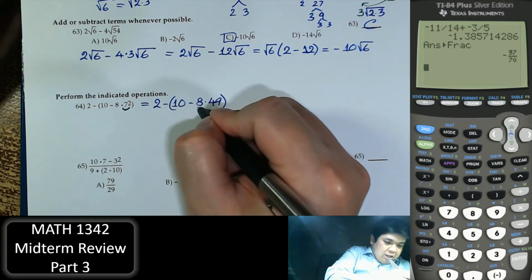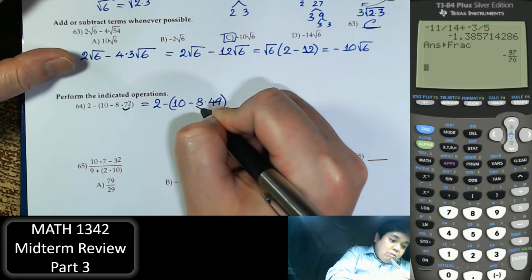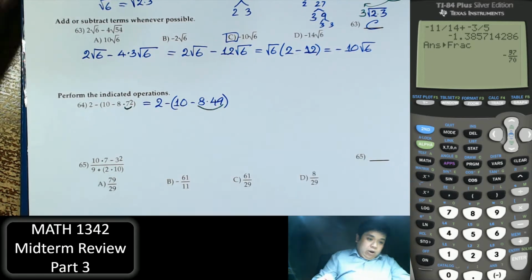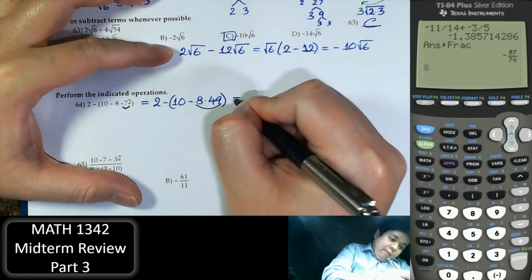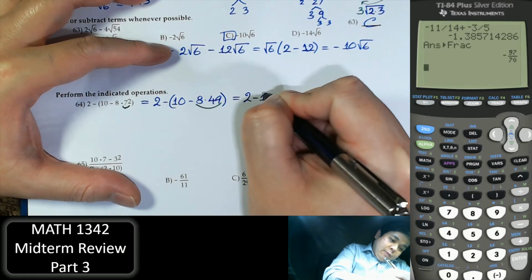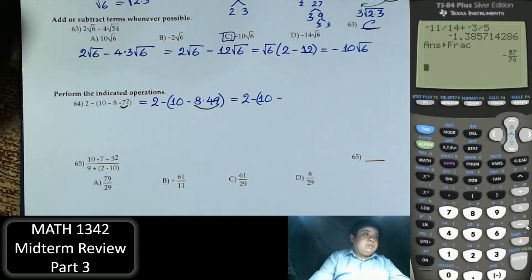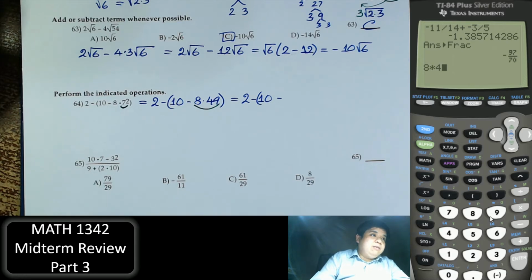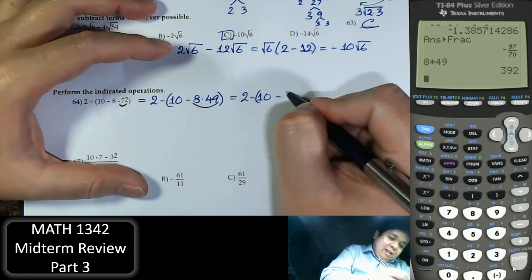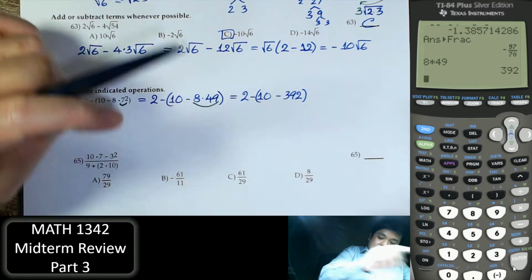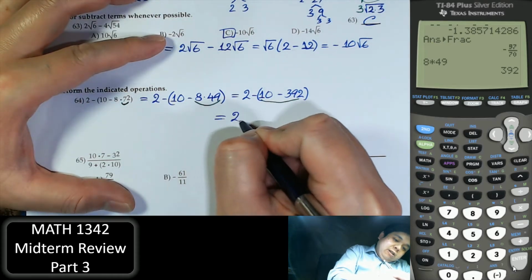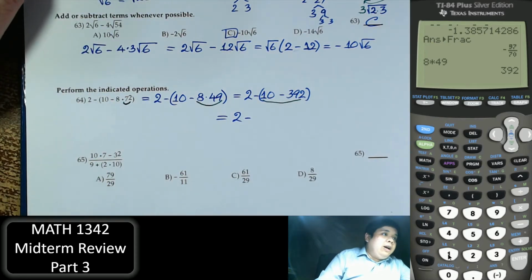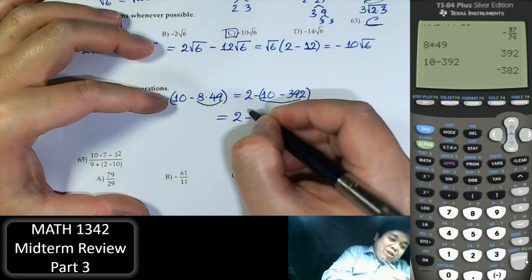Now inside the parentheses there's no power, no exponent, no root, so we do that first. 8 times 49. And then we'll do inside the parentheses first. 10 minus 392. I don't need a calculator there, really.